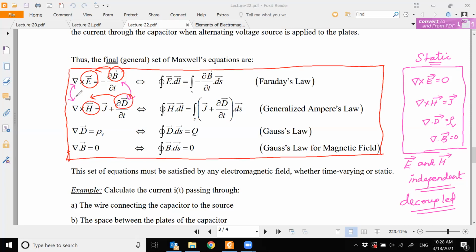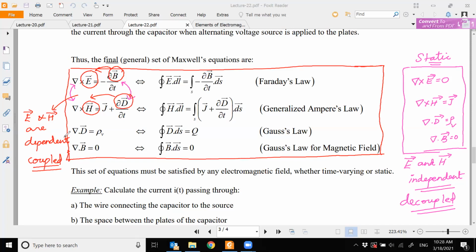Your E and H are now depending on each other. In engineering terminology, we say that they are now coupled. They cannot exist independently. They have to rely on each other to exist.